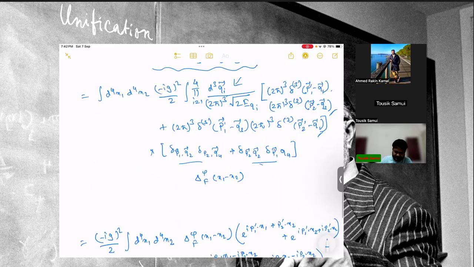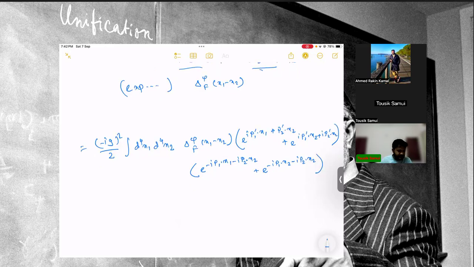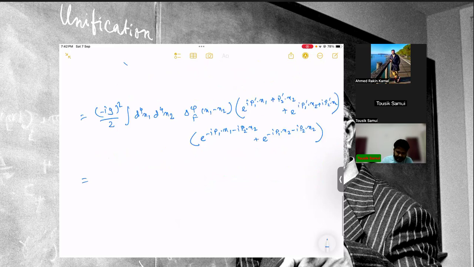So we had a bunch of exponentials. These exponentials are there, those are giving rise to this. And then if we actually calculate this, it will be square root 2.